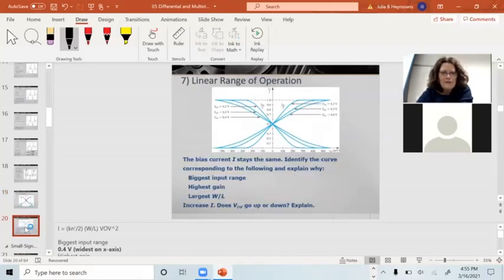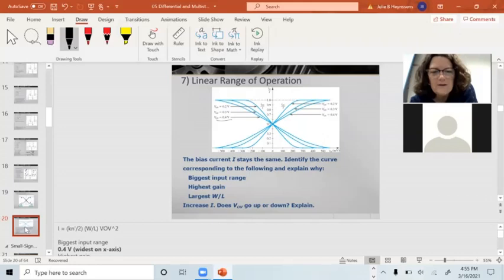What happens if I increase the Vov, the overdrive voltage? If I increase the overdrive voltage, the slope changes. So I can change the gain of the transistor by increasing the overdrive voltage.